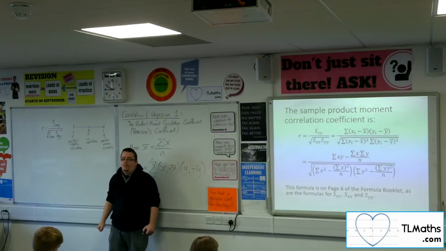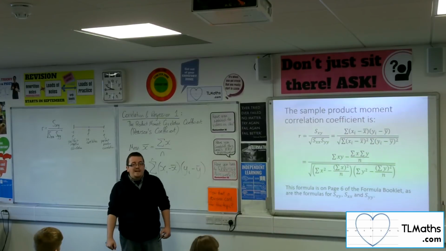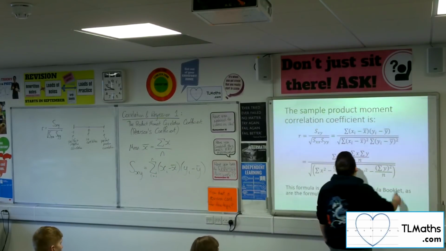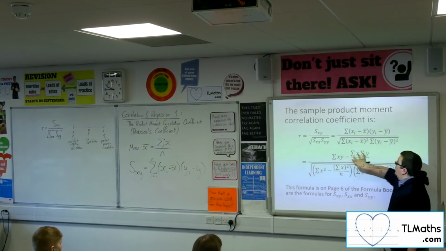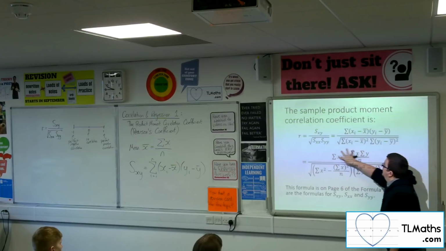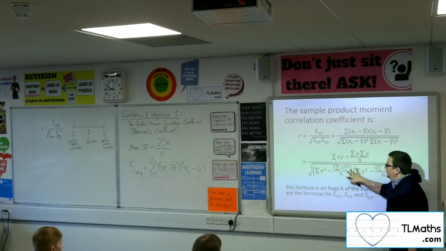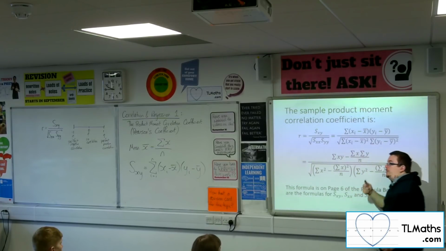Do not think you've got to learn it, okay? But we do need to know how to use it. So the sum of the xy's can be done into shorthand using sum of xy, sum of x, sum of y, and n, rather than using the sum of the squares of the x's, sum of the squares of the y's. So this is on page 6.